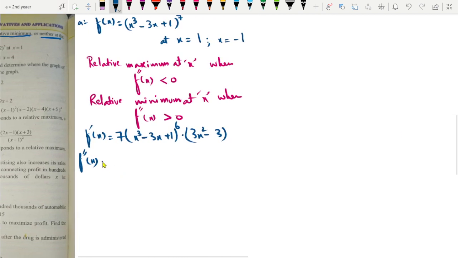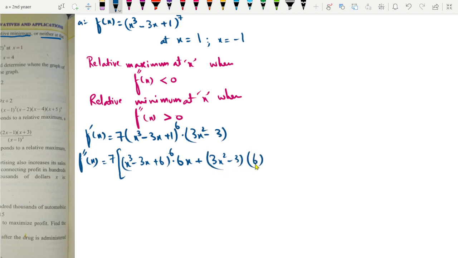We will apply the product rule: first function as it is into derivative of the second, plus second function as it is into derivative of the first. The derivative of the first will become (x^3 minus 3x plus 1)^5 dot (3x^2 minus 3). So this is the second derivative of the function.